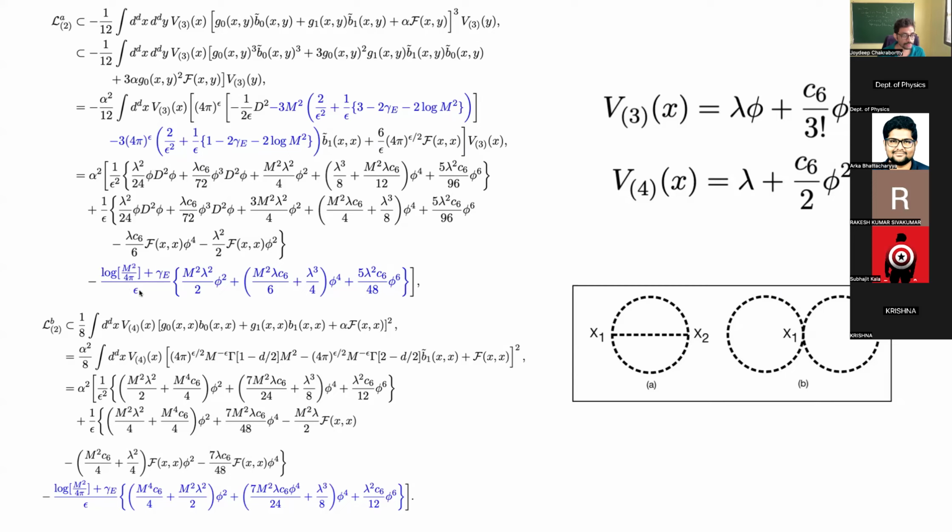So log M by epsilon is actually the same order of divergence as the 1 by epsilon square in the limit M tends to 0. That's how we can extract the IR divergence part from here, and we get nicely up to 2-loop divergences. And similarly, we play the same game with this diagram.